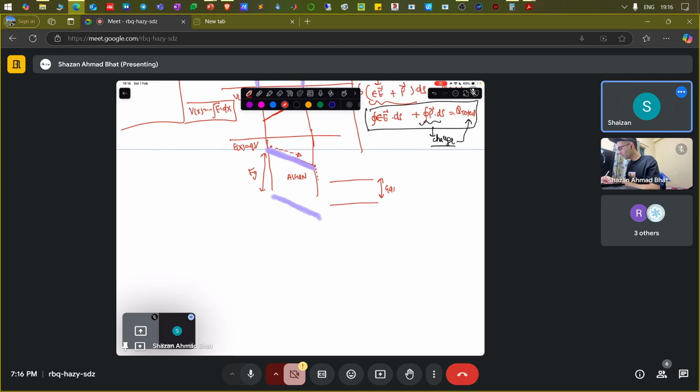Gallium nitride. Let's consider this as the Fermi level. What happened is that this particular thing bent like this. Now this will try to move like this and join this particular thing, and this will try to join this particular thing.